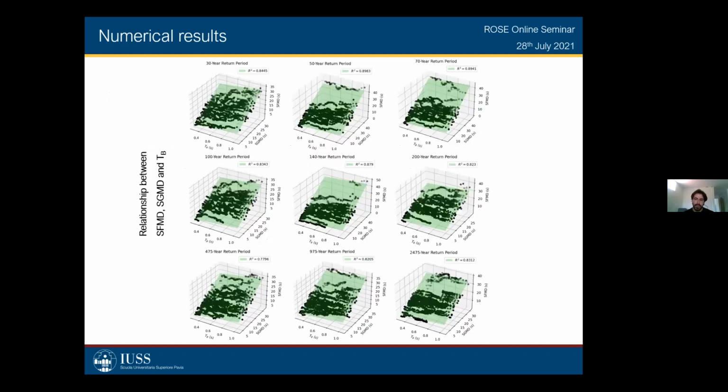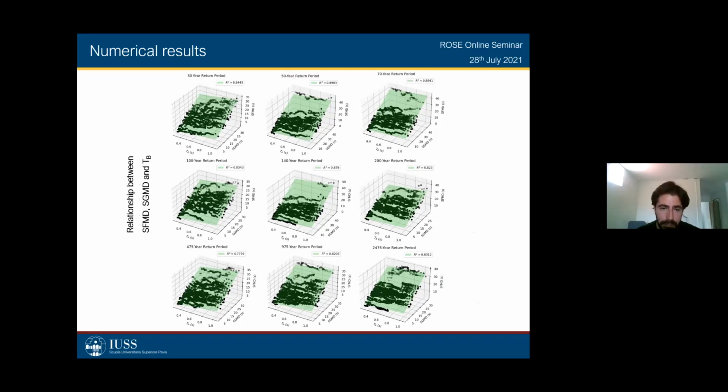The second set of results is basically a summary of all the results that were obtained regarding the strong fluid motion duration of the buildings. What you're seeing here are 9 3D plots, one for each return period. Each one plots the strong fluid motion duration on the vertical axis against the strong ground motion duration and the building fundamental period on the bottom.